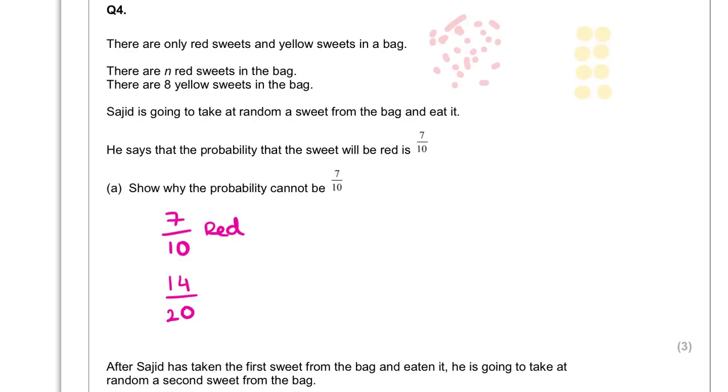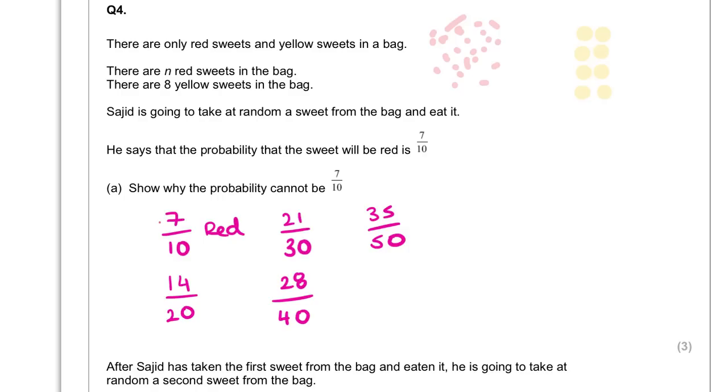Perfect. What's this the same as saying? 21 over 30. Great. What's this the same as saying? 28 over 40. What's this the same as saying? 35 over 50.